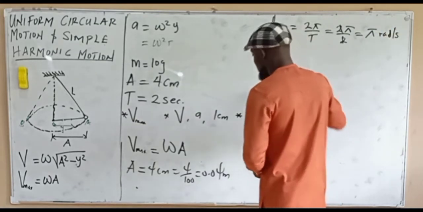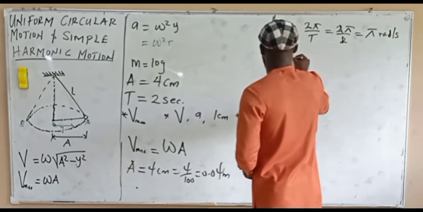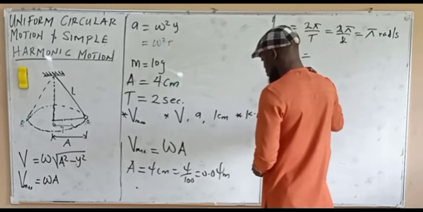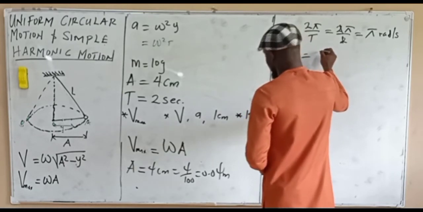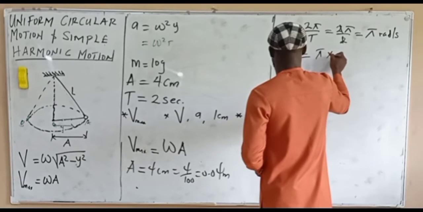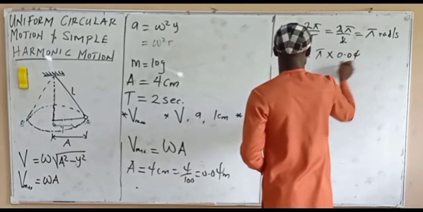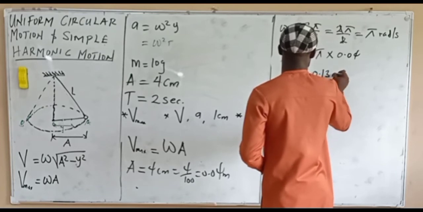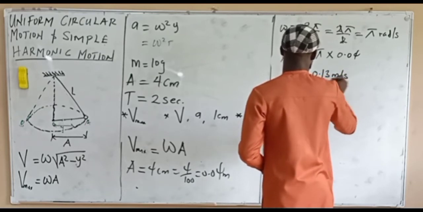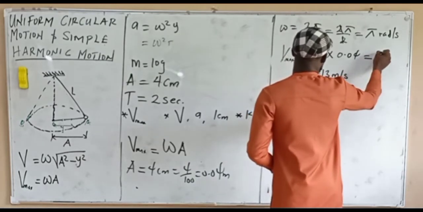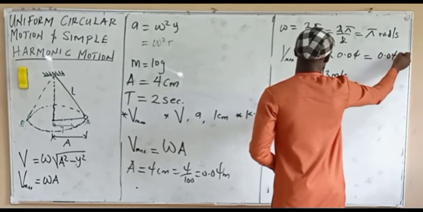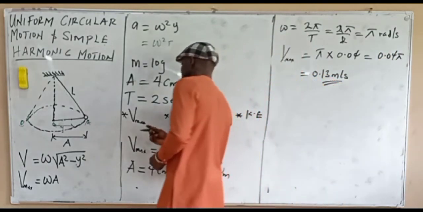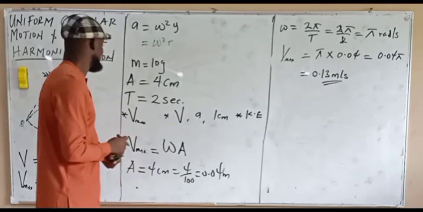That is w. So our v maximum now will be w, which is pi times 0.04. That's going to give us 0.04 pi or 0.13 meter per second.